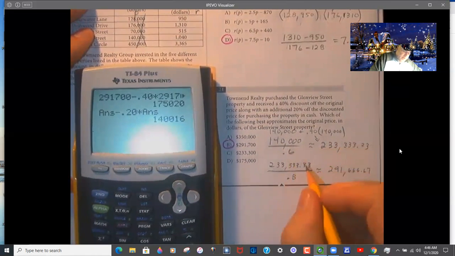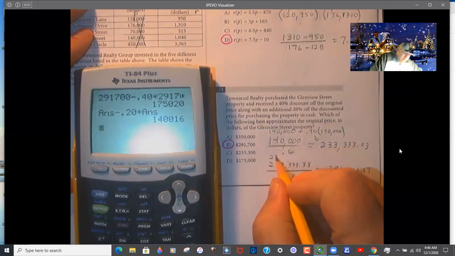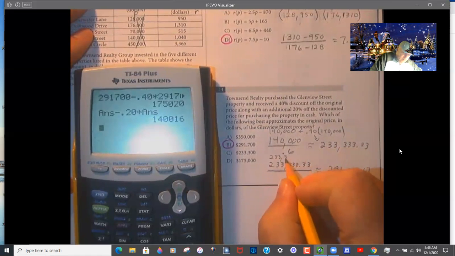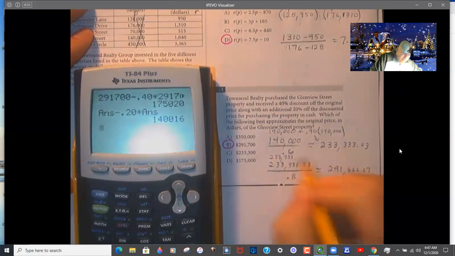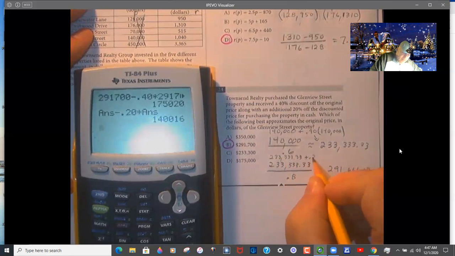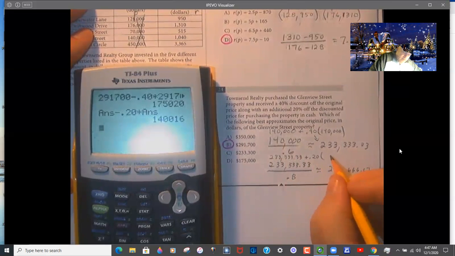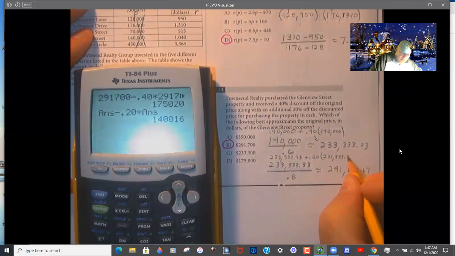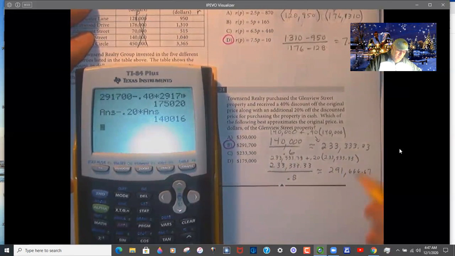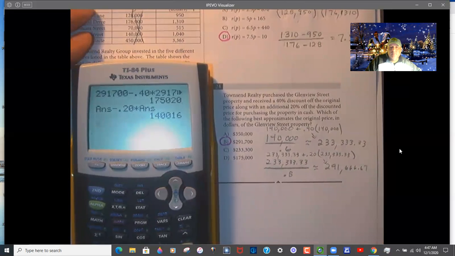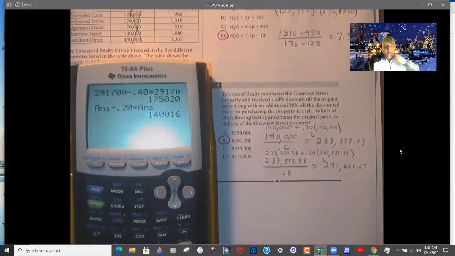And then this is a way of saying take the $233,333.33 and do a 20% increase of that. A lot of threes here. And then that would give you that. That's probably a better way to do that.